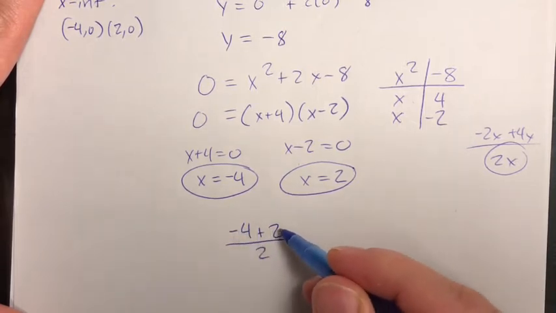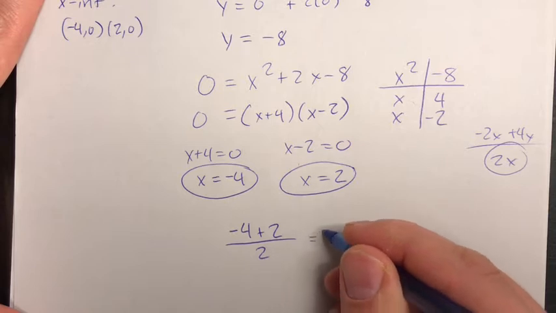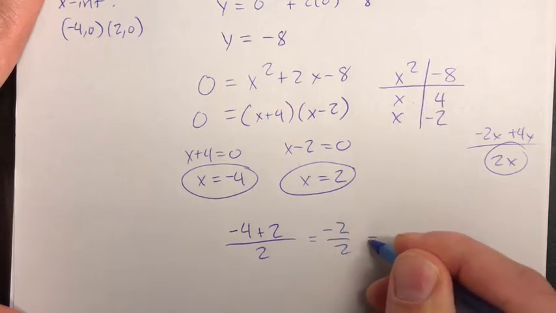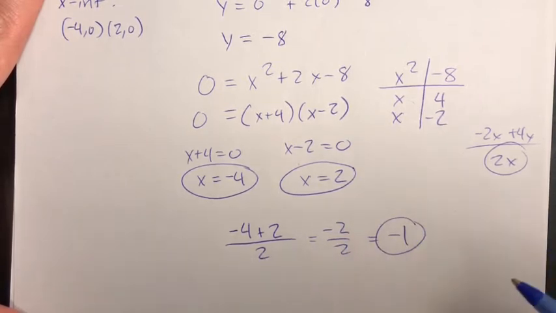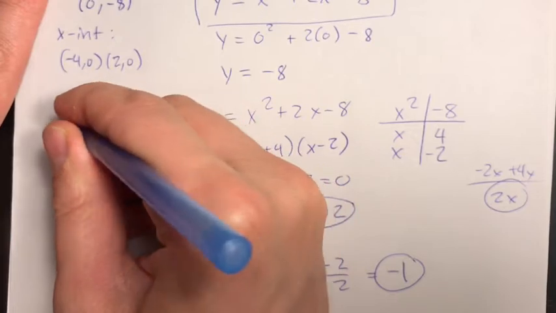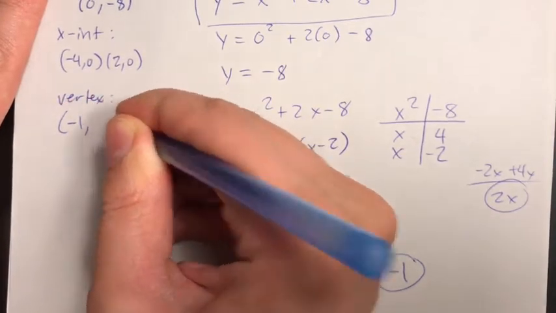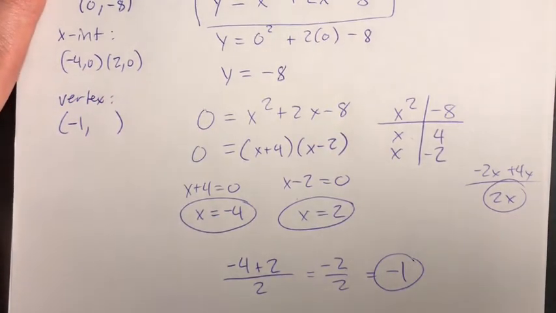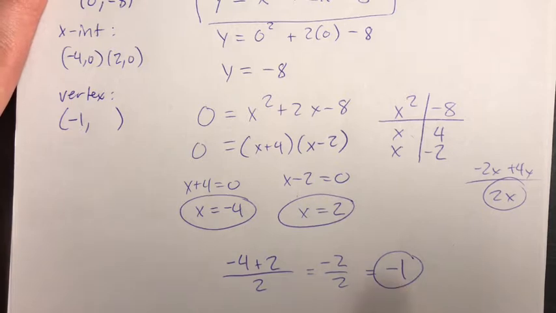Negative 4 plus 2 gives me negative 2, over 2, which gives me negative 1. This is the x-coordinate of the vertex. If I were to write the vertex so far, I would have negative 1 comma something. I don't know what the y is yet. And again, this is the x-coordinate of the vertex because of the whole symmetry thing.